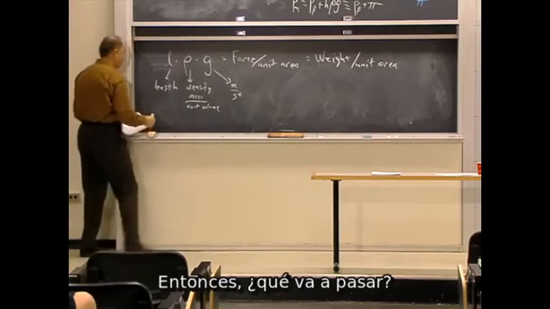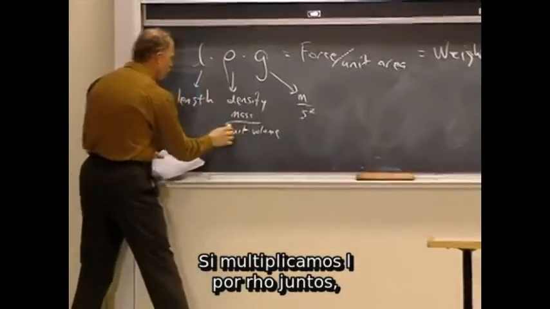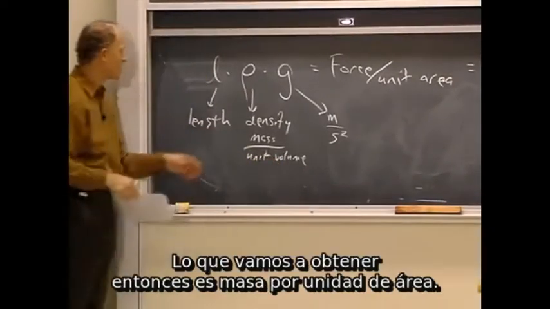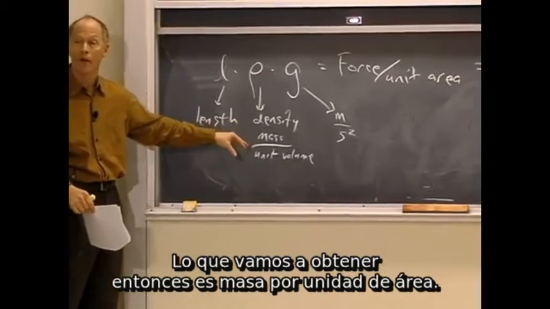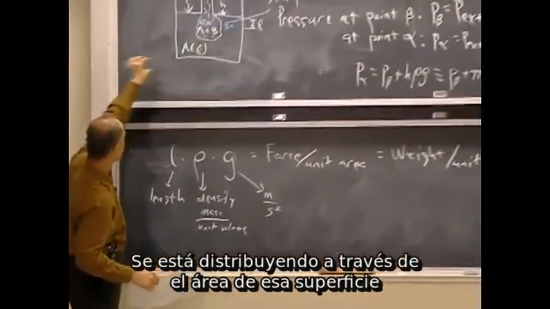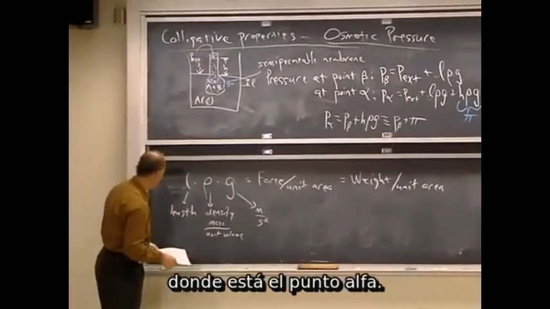So what's going to happen? If we multiply L times rho together, this is units of length. This is units of volume. What we're going to get then is mass per unit area, right? And that's what it is, of course. It's distributing across the area of that surface where point alpha is, right?